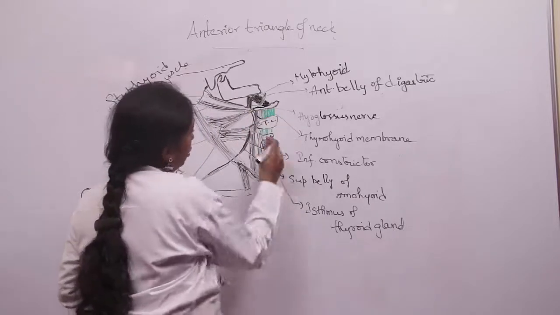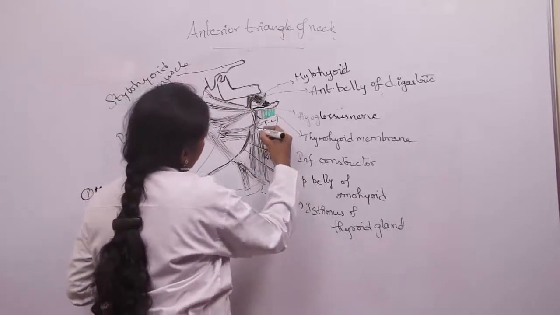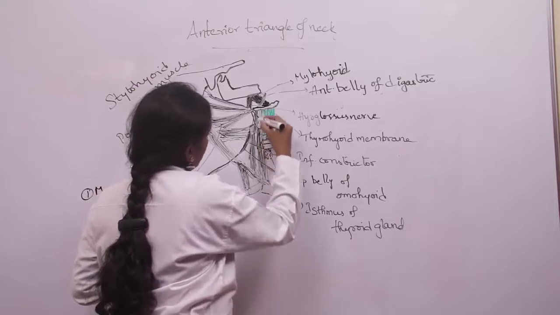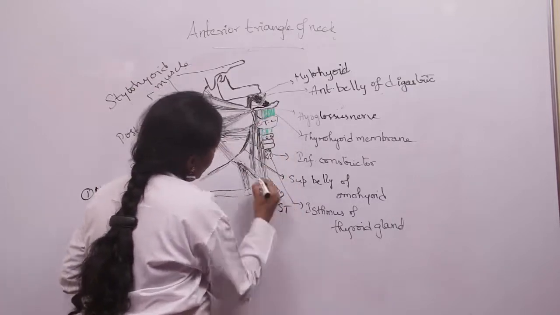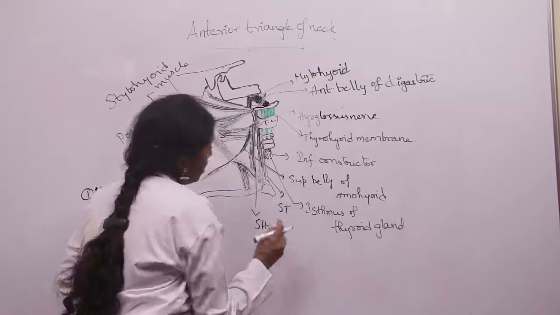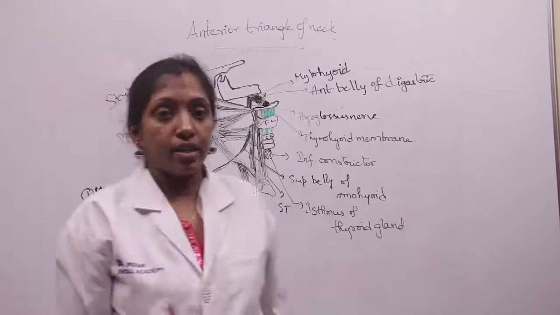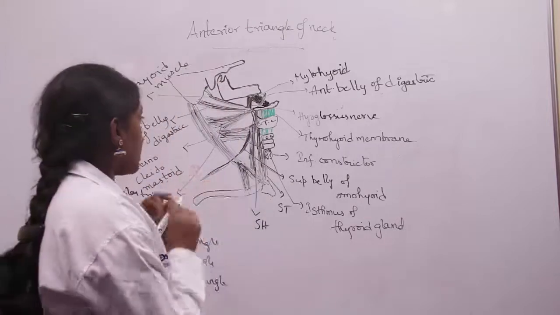Sternothyroid muscle extends from the sternum to the thyroid cartilage. Muscular triangle does not contain any significant structures. So that's about the muscular triangle.